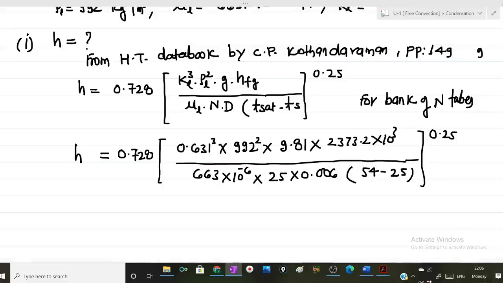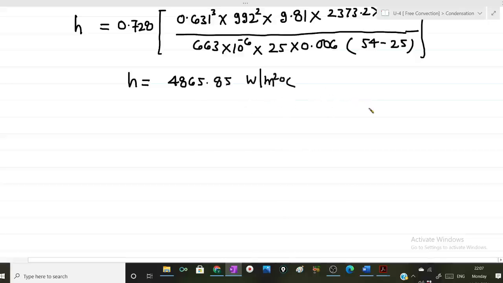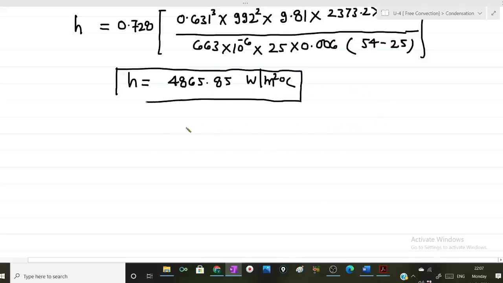After solving this, I will get the value of H as 4865.85 watt per meter square degree Celsius. So this is the answer number 1.